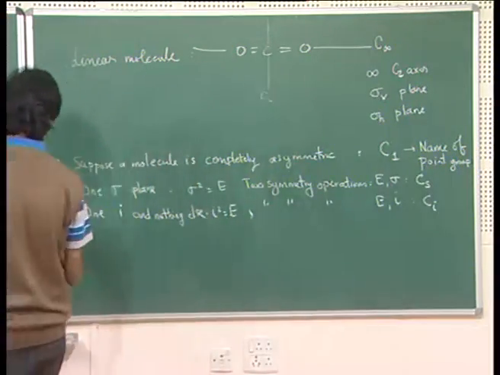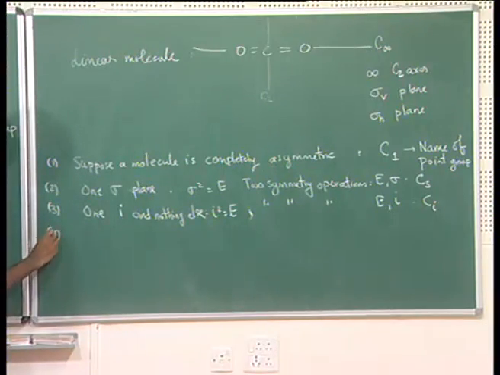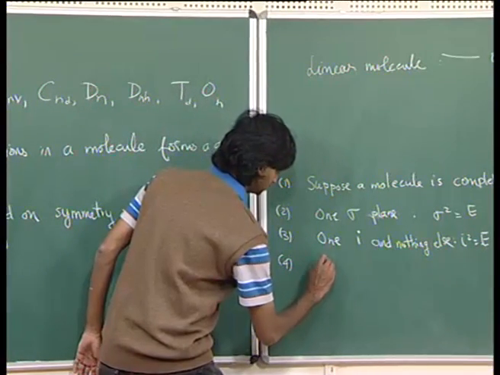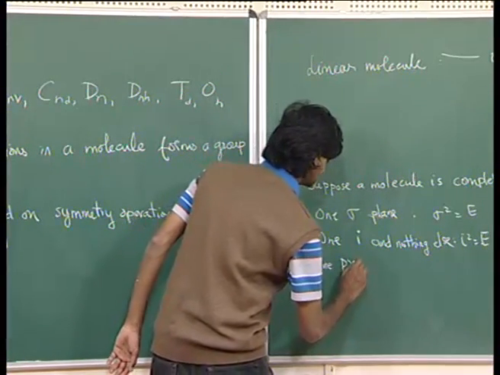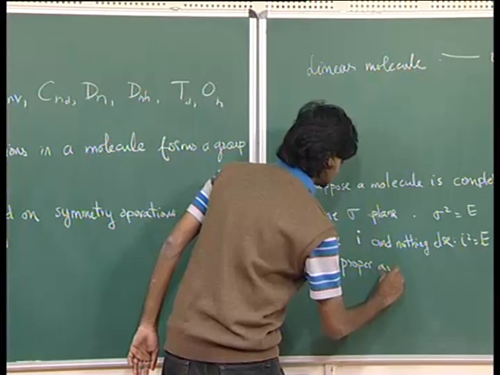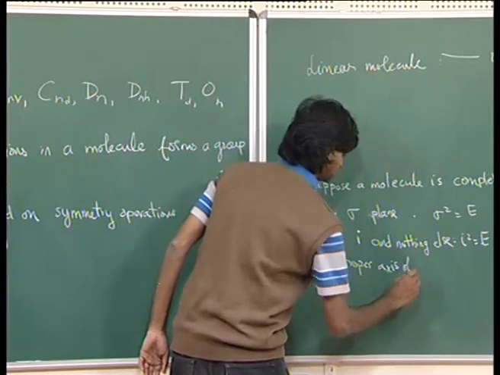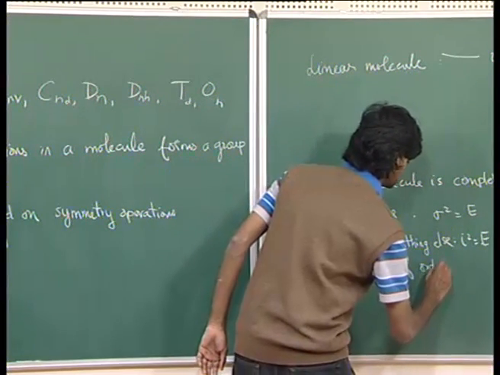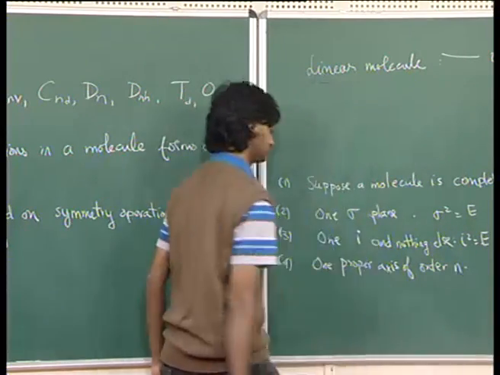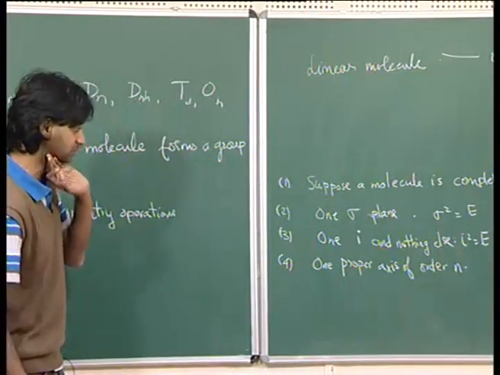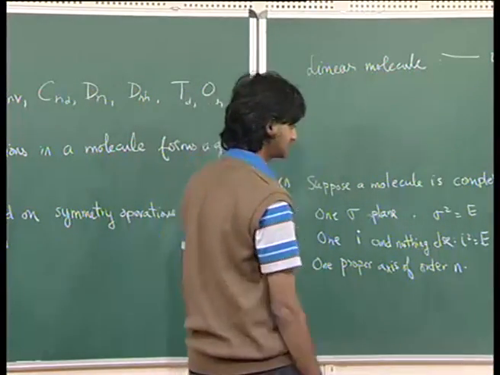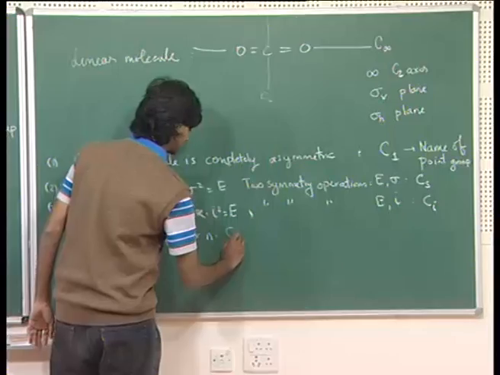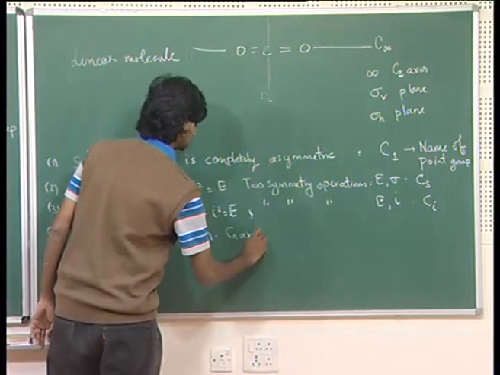Next, with one proper axis of order n. Okay, so, one proper axis of rotation of order n. Then this has a Cn axis.